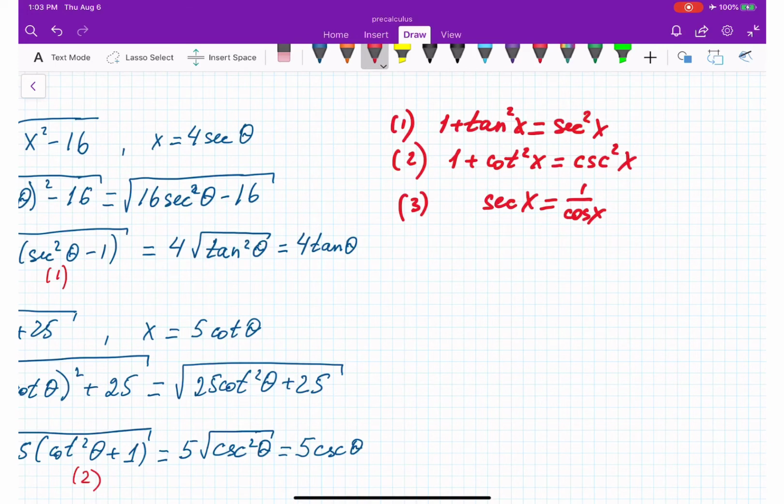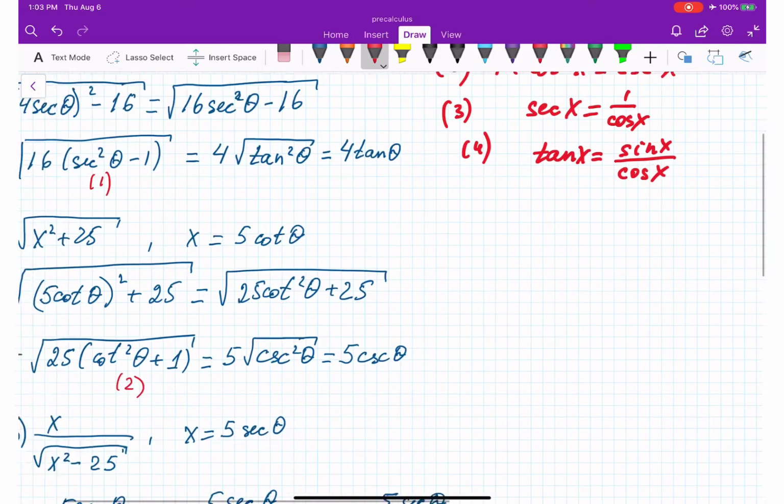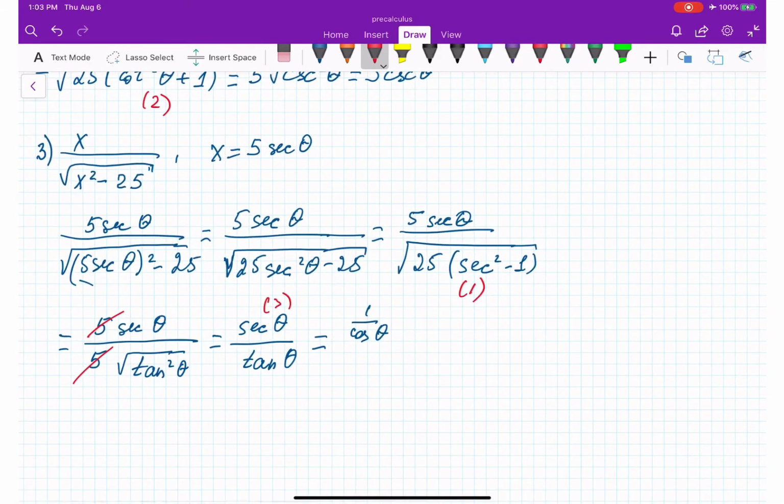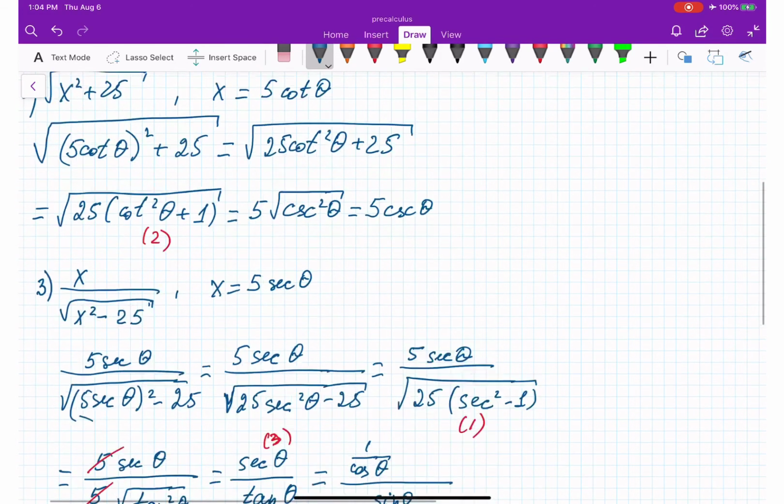And the fourth one will be tangent: tangent x is equal to sine x over cosine x. So we get 1 over cosine theta over sine theta over cosine theta, based on trig identity number 4.